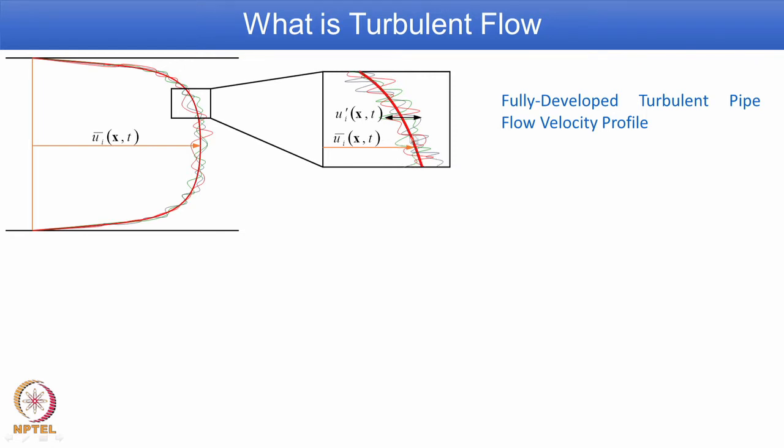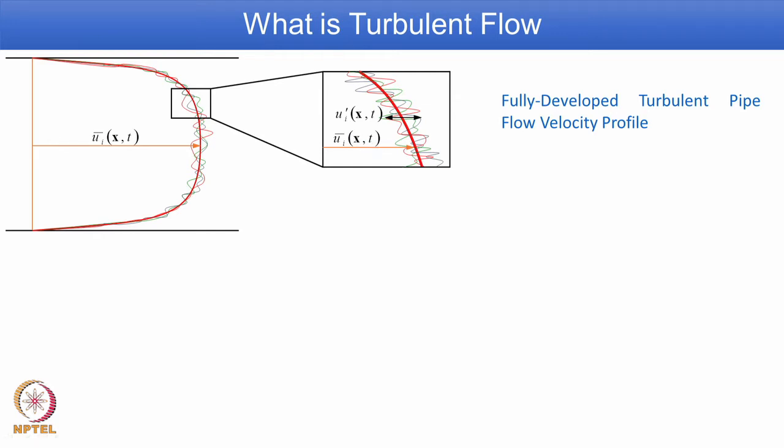Then you see wild variation, and these variations are shown with two different colors. The mean is denoted by u subscript i, with a bar, and in the bracket you have x in bold letter, comma, t.